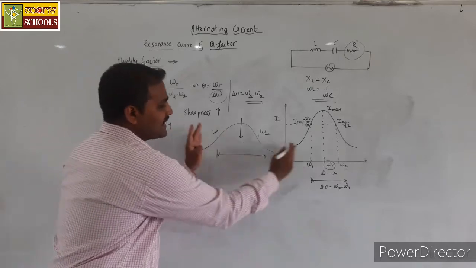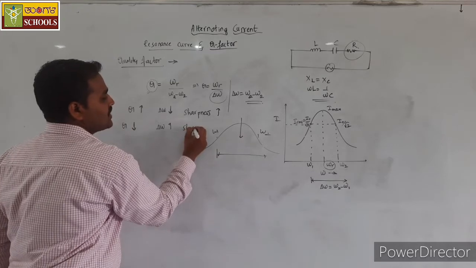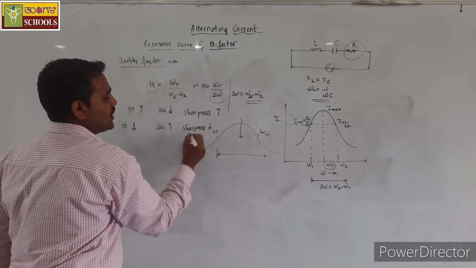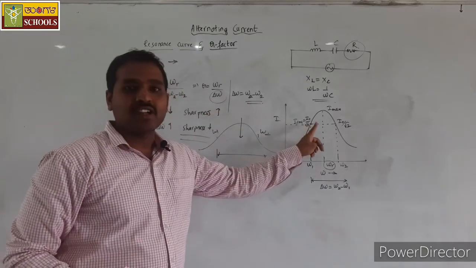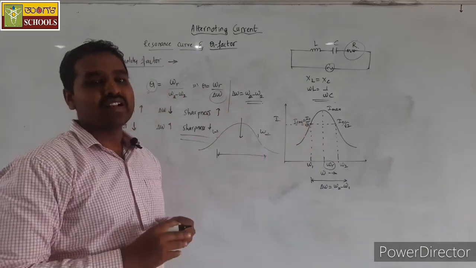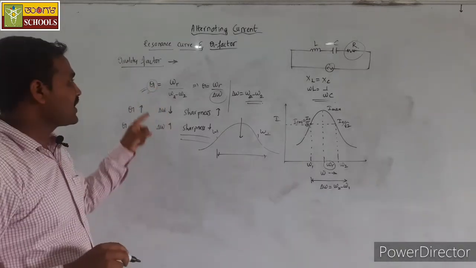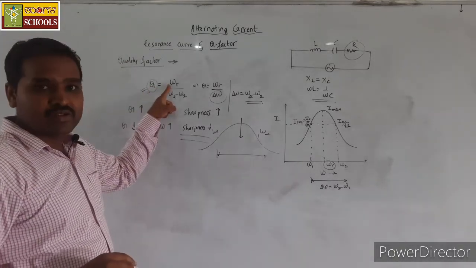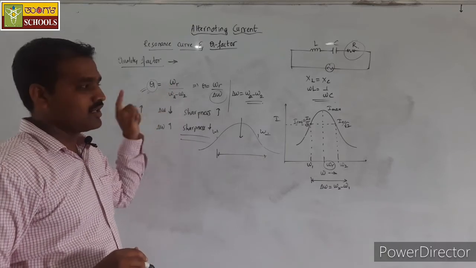When the bandwidth increases, the sharpness of the curve automatically reduces. This is how the quality factor and the sharpness of the resonance curve are related. So, this is another way of defining quality factor. It is the ratio of resonance frequency and the bandwidth of resonance curve.